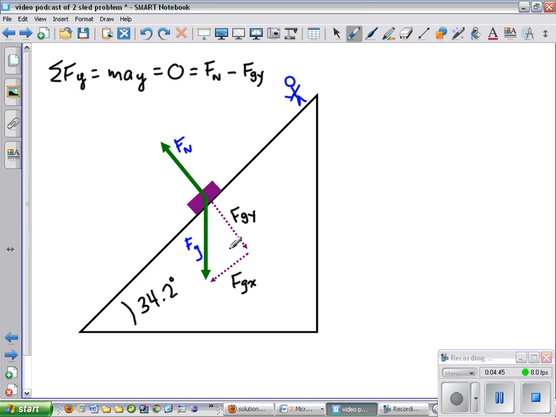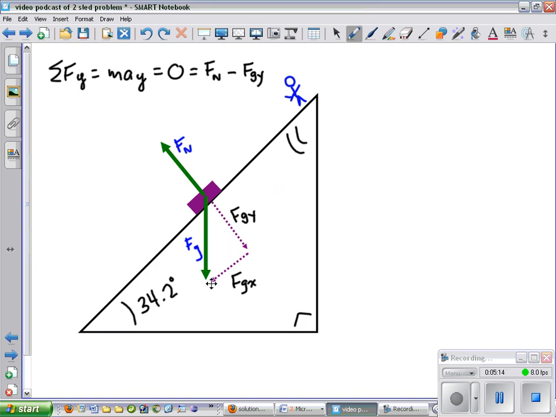Now, in order to find Fgx, we need to get an angle inside this triangle. Here's our big triangle right here. This is a right angle. So if this is 34.2, this must be the complement of 34.2, because a triangle has to be 180 degrees altogether. 90 here, plus the combination of these two has to be 90 to give 180.